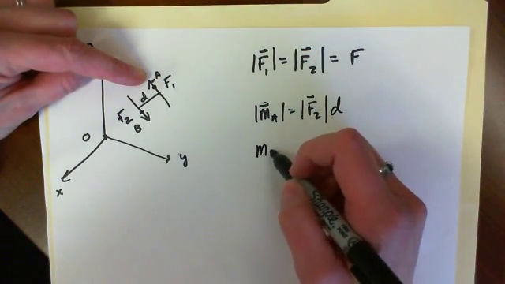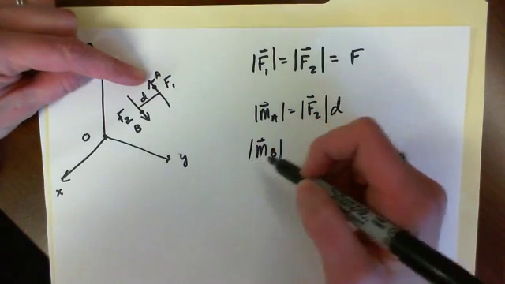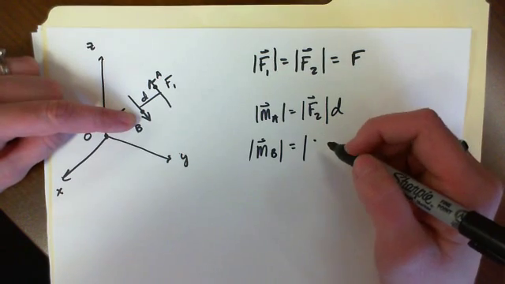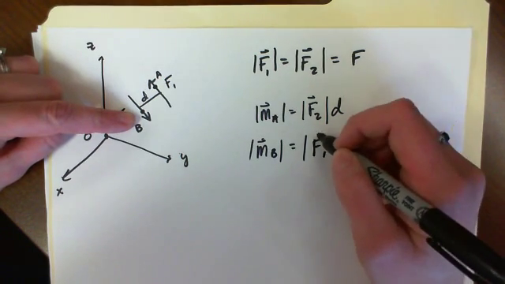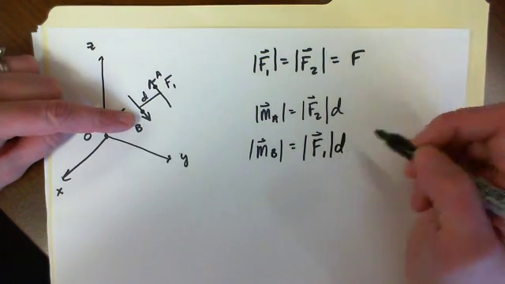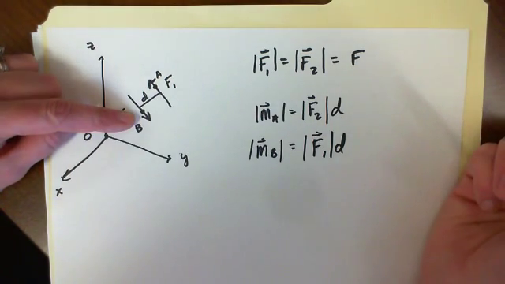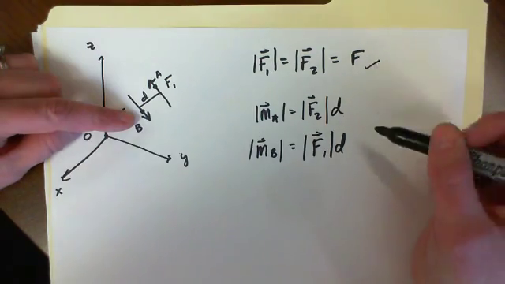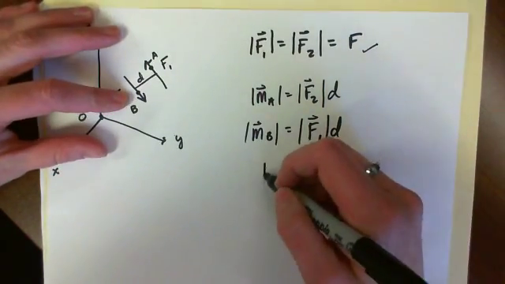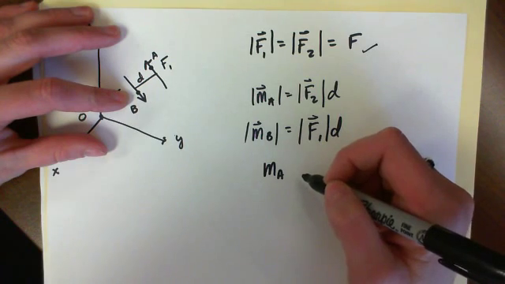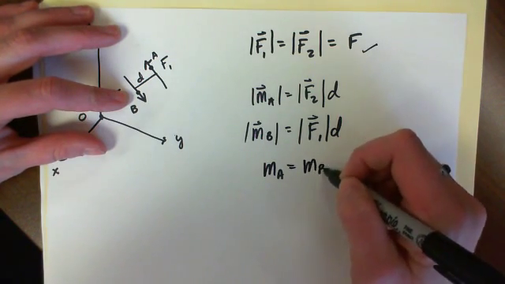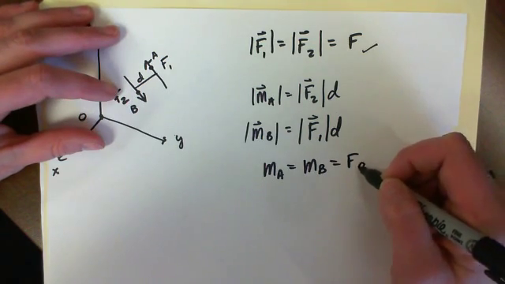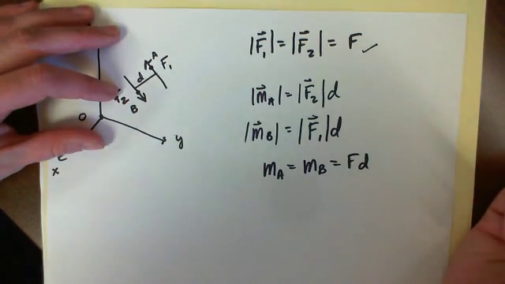Or I could use point B, and I have the force F1 and the perpendicular distance d that's causing that moment. So, since I have this relationship, then really the magnitude of my moment about A is equal to the magnitude about B, which is equal to the force times the perpendicular distance between the two forces.